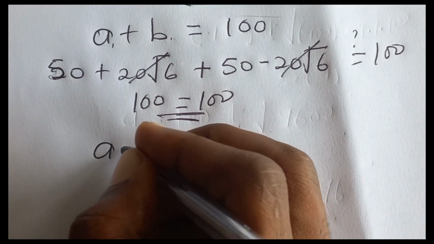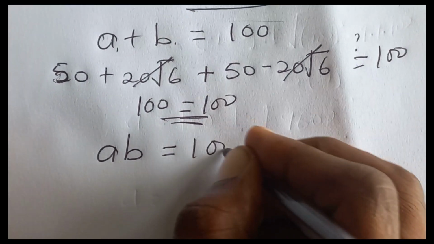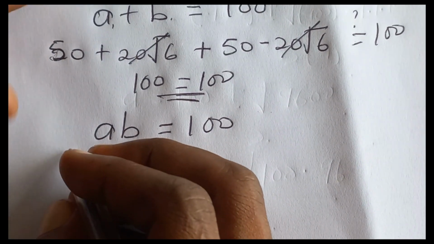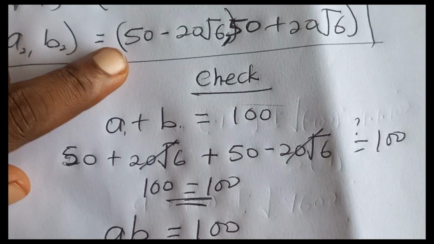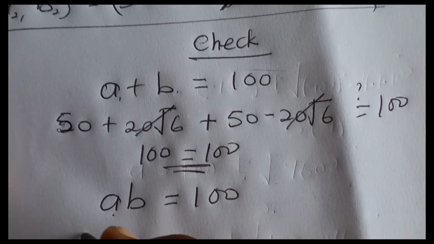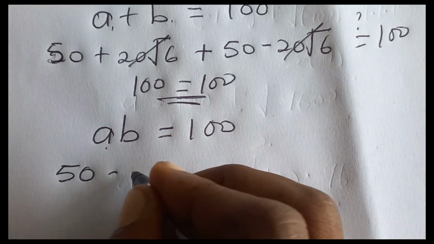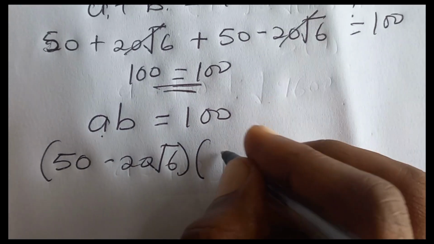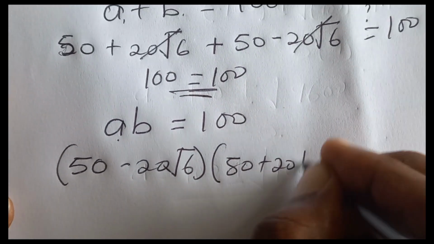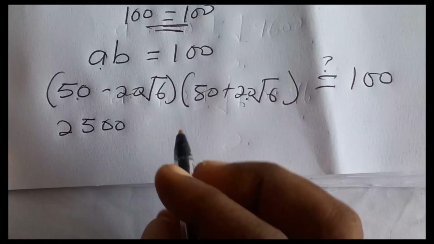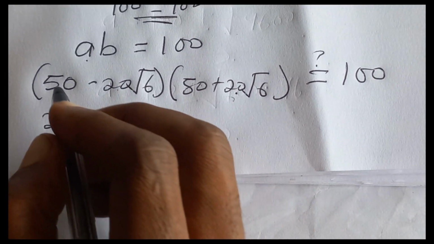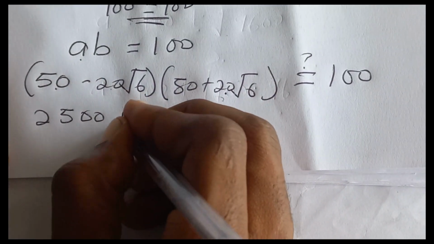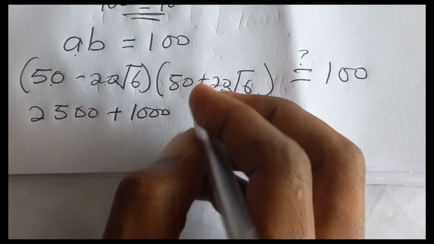It says a multiplied by b is equal to 100. So now our a, so a1, or let's say a2, we're going to get 50 minus 20 root of 6, okay, multiplying by 50 plus 20 root of 6. So now we get 50 times 20, we get plus 1000 root 6.